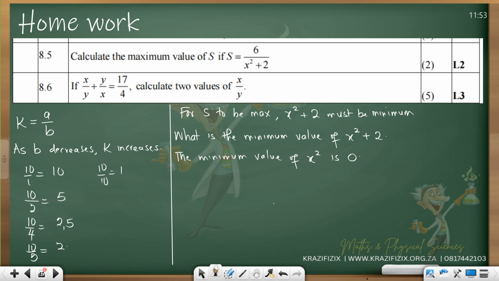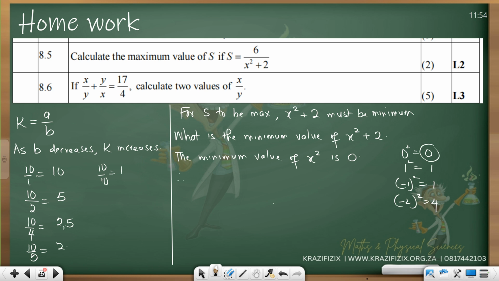Because once I put a squared, even if it's a square of a negative number, it will still give me positive. So the smallest number x squared can be would be 0. Because 0 squared, 0. 1 squared, 1. Negative 1 squared, 1. Can you see? The negative automatically just cancels out. So this is the smallest number I can have.